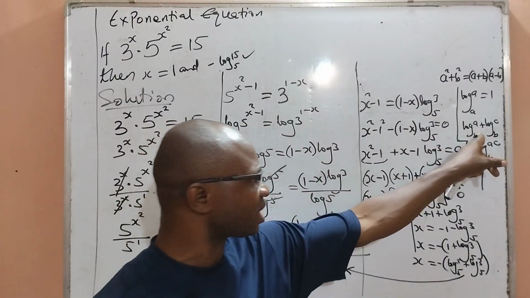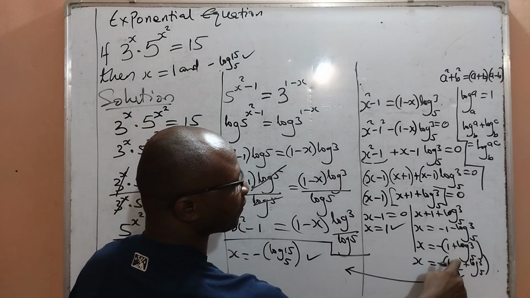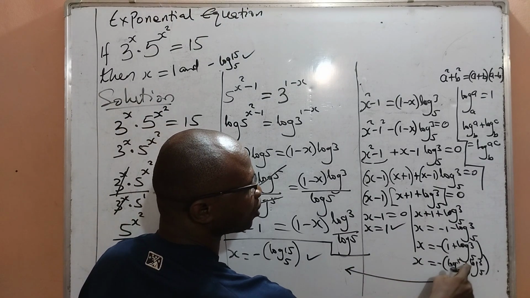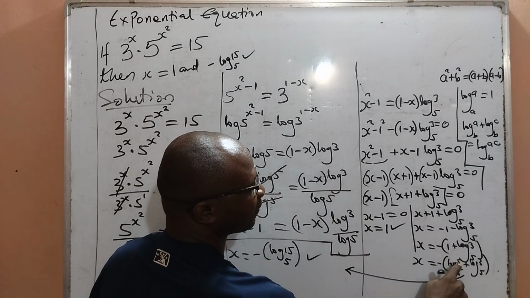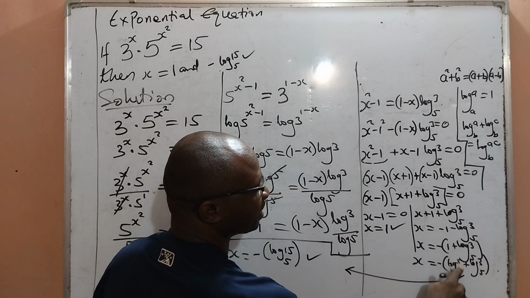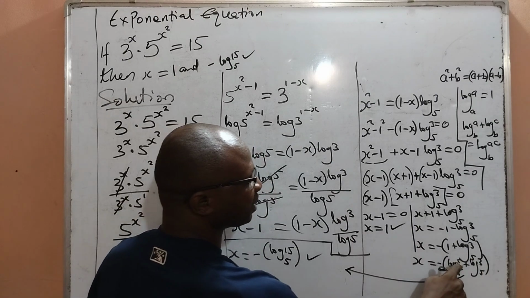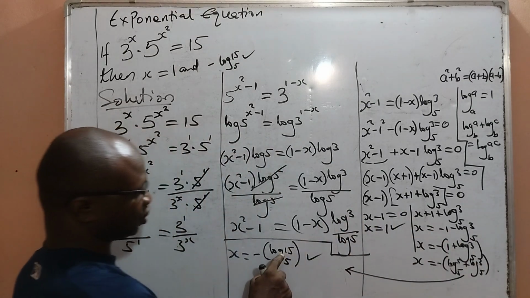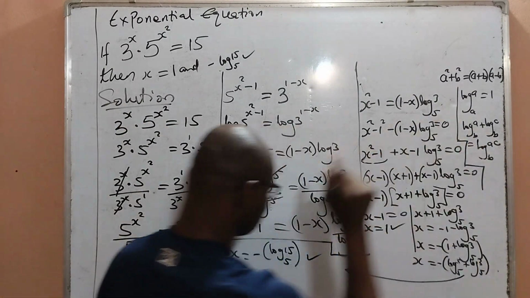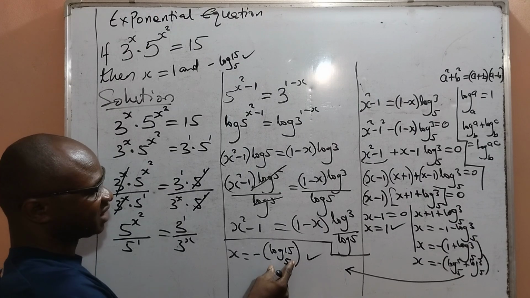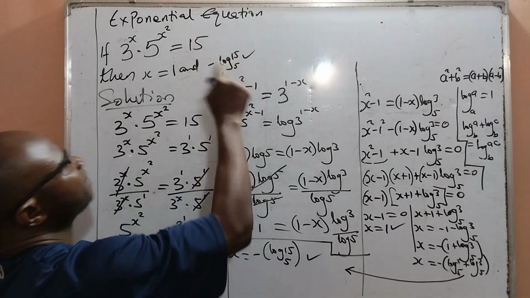So going by this law, that is why here when I got log 5 base 5 plus log 3 base 5, I simply multiplied 5 by 3 to give me log 15 to the same base. It is this law that guided me into getting this final answer, which is negative log 15 base 5.